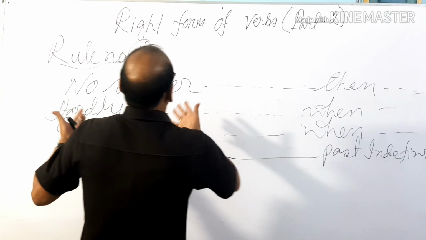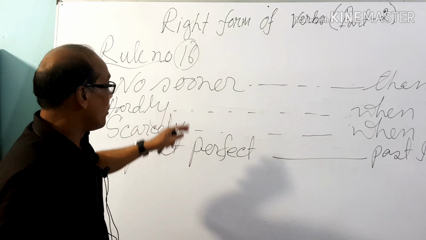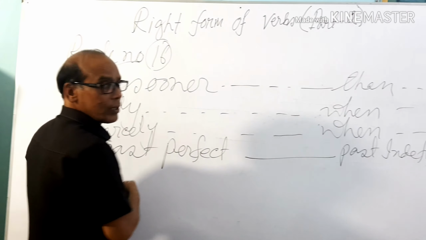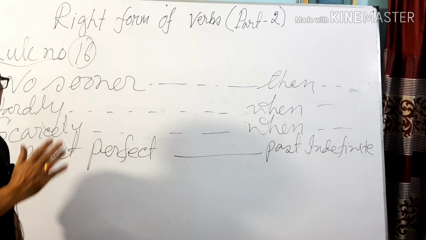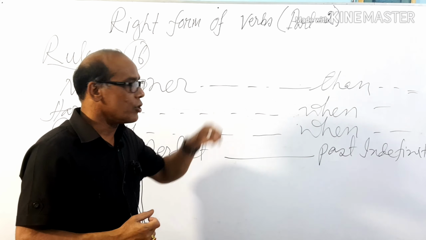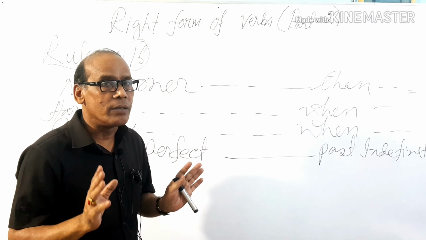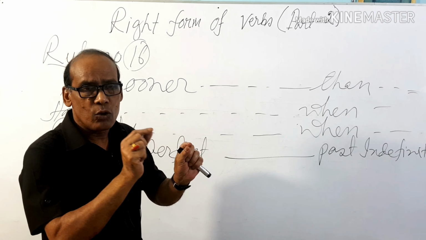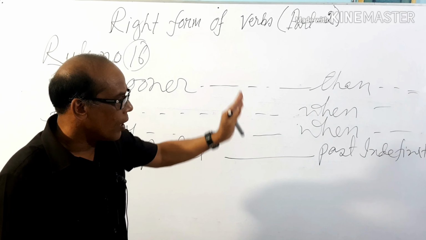So it is a matter of verb. The structure of past perfect is subject plus had plus V3 plus extension. On the contrary, the structure of past indefinite is subject plus V2 plus extension. We'll have to follow that.